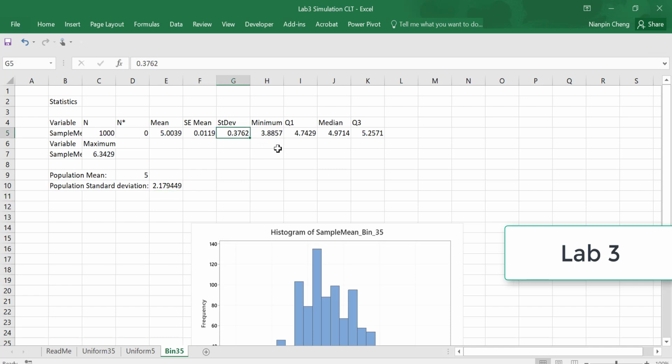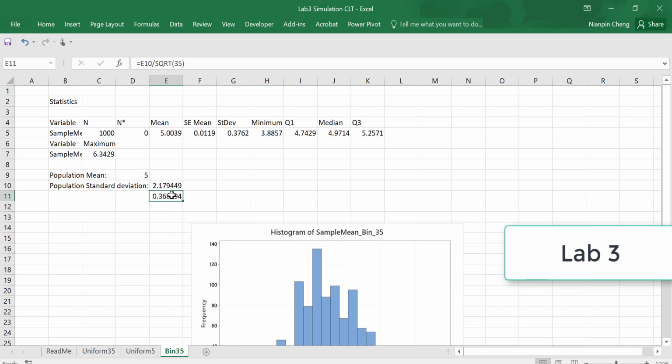So we look at the standard deviation here. We calculate the population standard deviation divided by the square root of the sample size. The sample size here is 35.